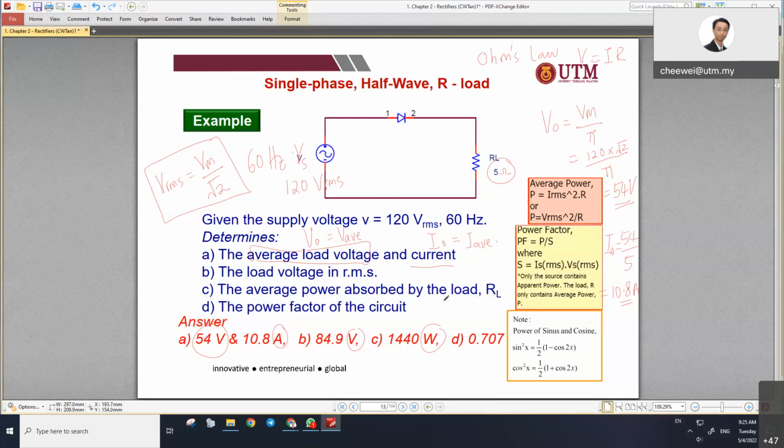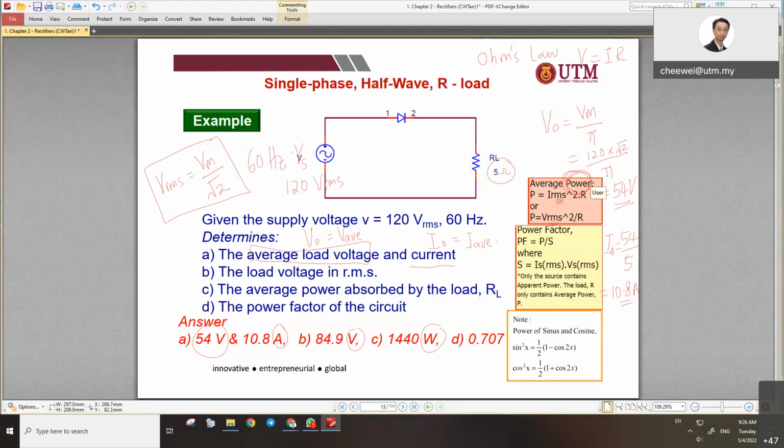So how to calculate the power? Here there's a note. Power average equals I. Should I take the average current or the RMS current? Please remember, when you're playing around with power, it's always, all the time, RMS. Never take the average.